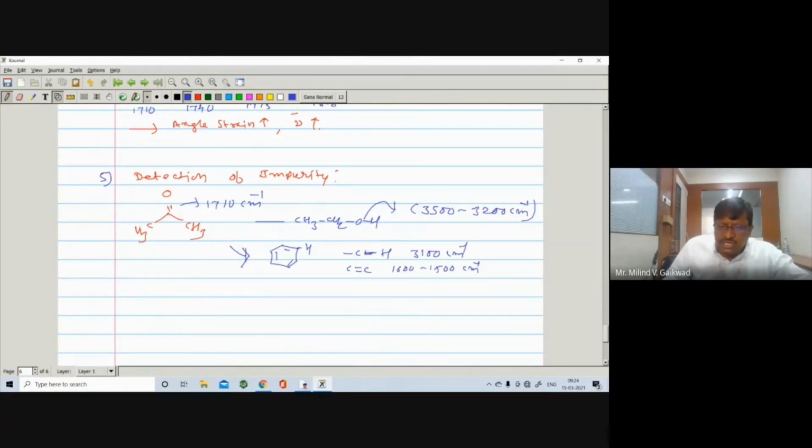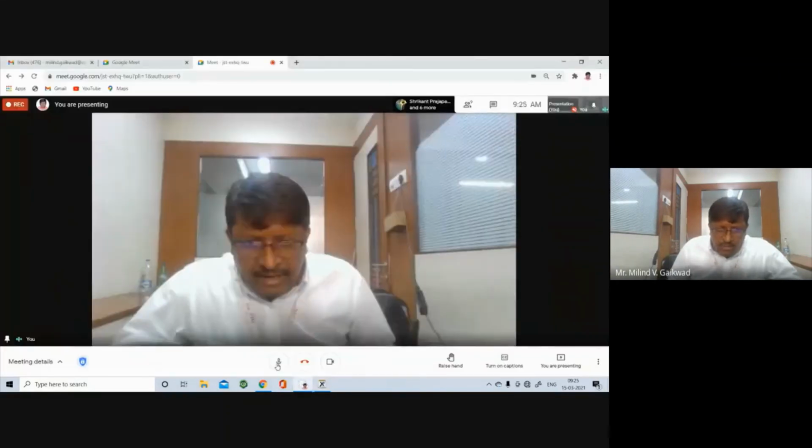The CH stretching of benzene appears at 3100, which is absent in acetone, and the carbon-carbon double bond may appear at 16 to 1500. So in this way we can detect impurity. So these are some of the points about the application of IR spectroscopy. Okay, so in this way we have completed this topic.